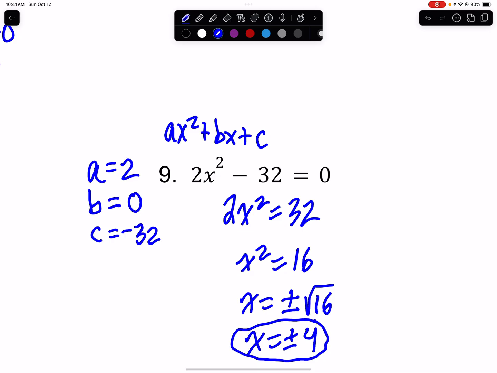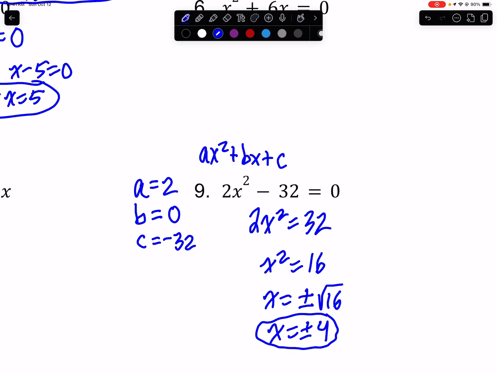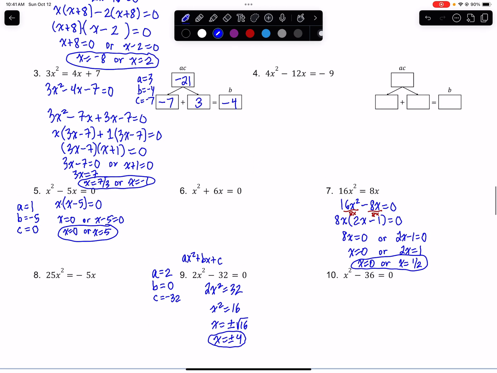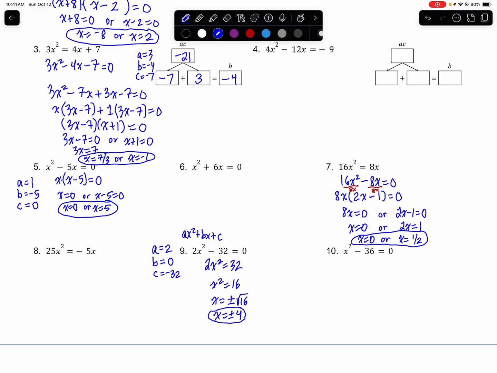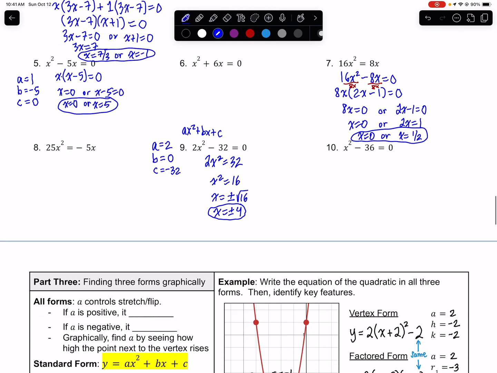And you would get like x plus 4, x minus 4, and then there's a 2 there. But this is way easier to just solve for x squared. For these other problems in this group, we can't solve for x squared because there's a pesky like x there. So 9 and 10 are special because they have b equal to 0, and 5, 6, 7, 8 are special because they have c equaling 0. And I've worked out some of those for you.